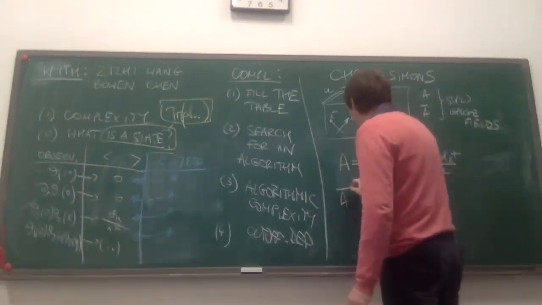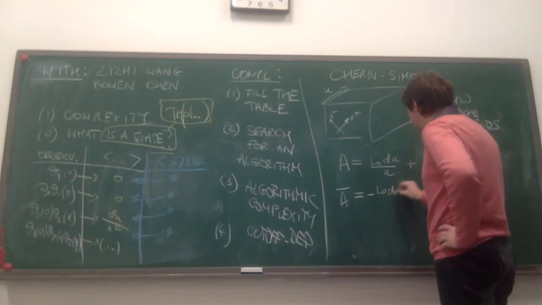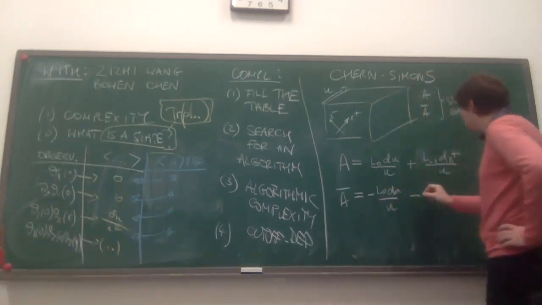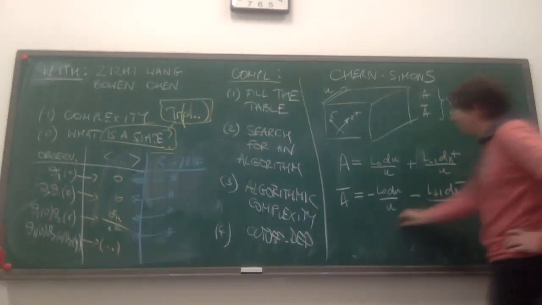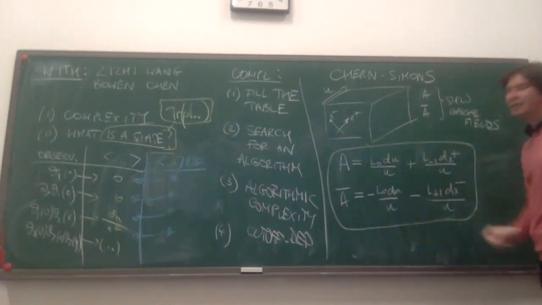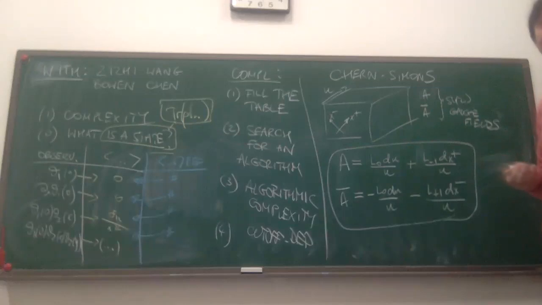And then A bar will be minus L0 du over u, and I believe here there is a minus sign, L plus 1 dx minus over u. So here is an example solution. I have two gauge fields, and both of them are valued in the SL2R algebra.